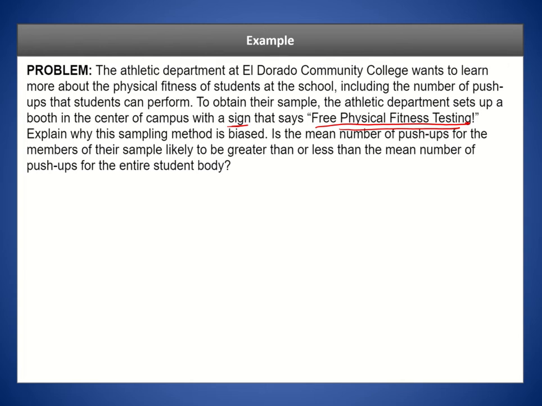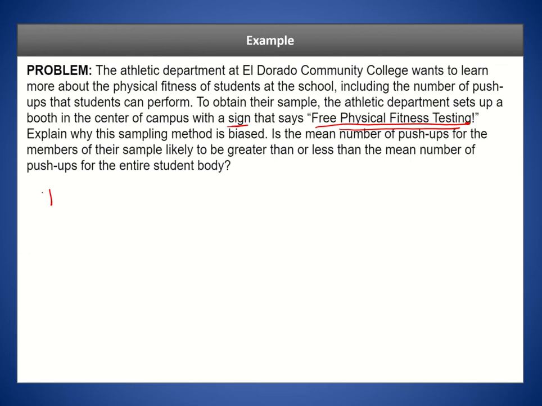We could infer that people that are more physically fit have a higher chance of wanting to volunteer for this study. And that means you're going to leave out the students that are not physically fit, right? Because who wants to do a physical fitness test when you're not fit? So therefore, we're going to say that the mean number of push-ups is likely to be greater than it would be otherwise, had we done it randomly.